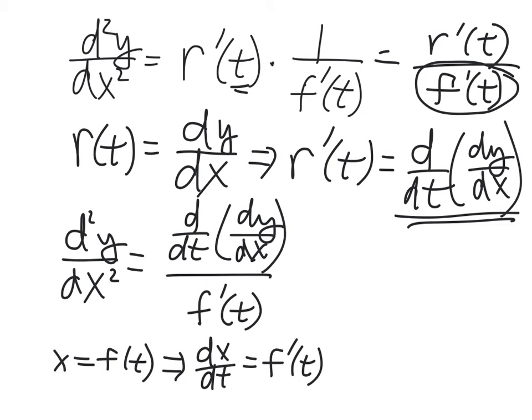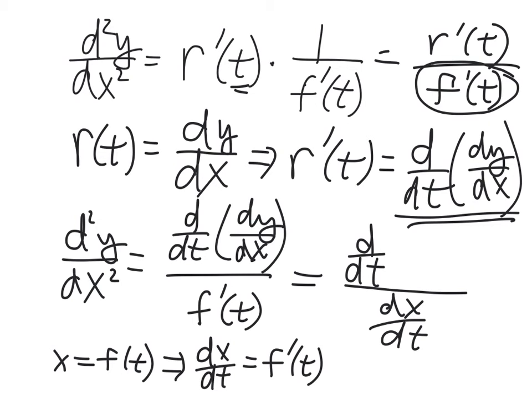It also turns out to be the denominator of d2y by dx squared. And then, I guess there's not really a better way to write this one. So the second derivative of these parametric equations can be calculated by taking the derivative of your first derivative with respect to t and then dividing it by dx by dt, or the f primed of t.